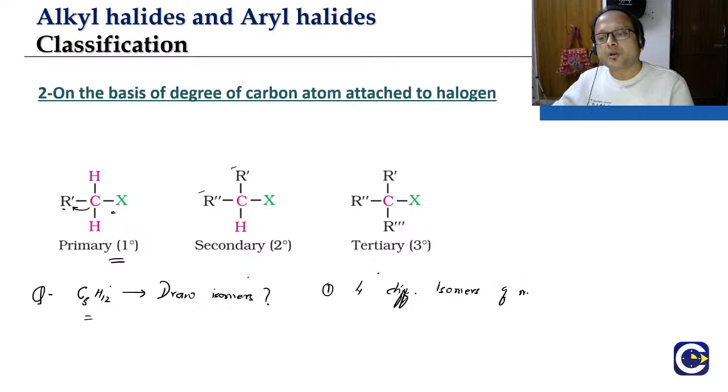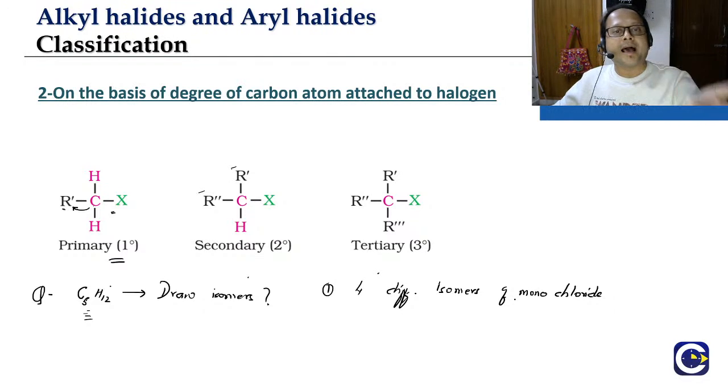of monochloride. Suppose I am treating them with chlorine. So you have to tell me which isomer of C5H12 will give us 4 different chloroalkanes, 4 different isomers.